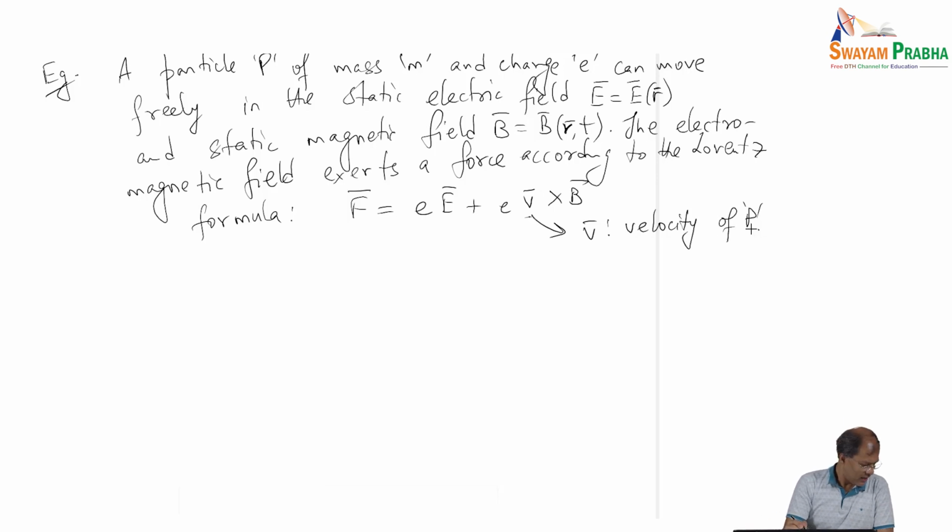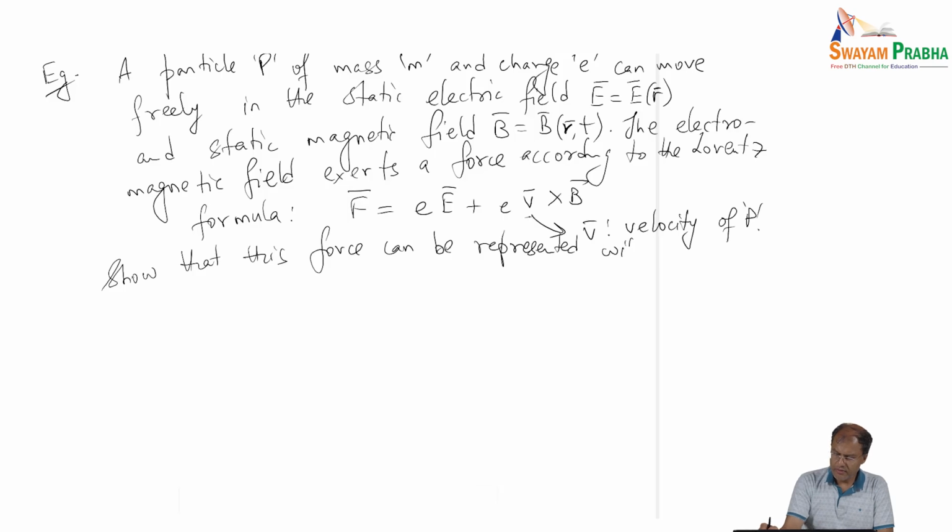P. And now we have to show that this force can be represented with a velocity dependent potential, which is U of r comma r dot.